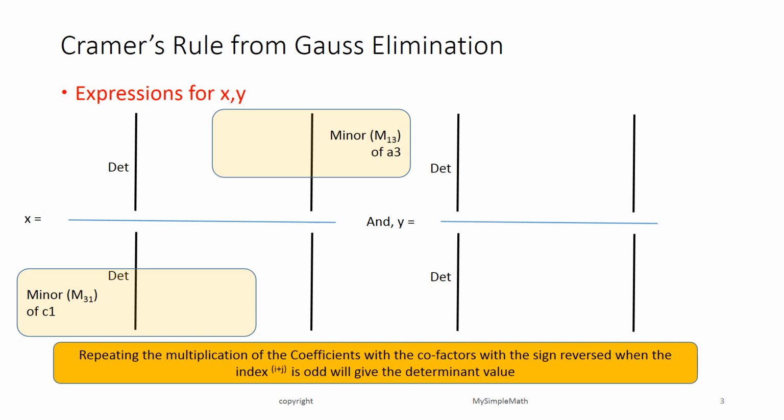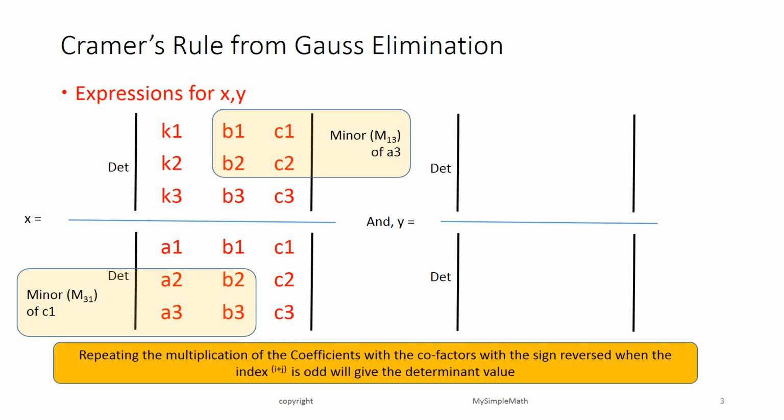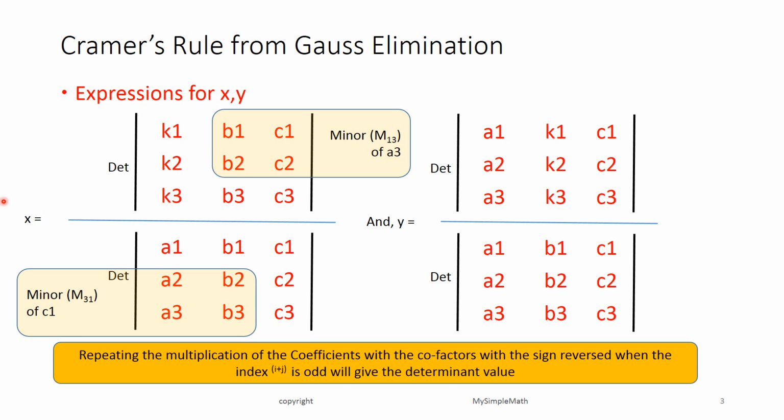Alright, so we've been talking about Cramer's rule from Gauss elimination, and we came up with these expressions where x is the result of the variable, and that result was expressed as the ratio of two determinants.